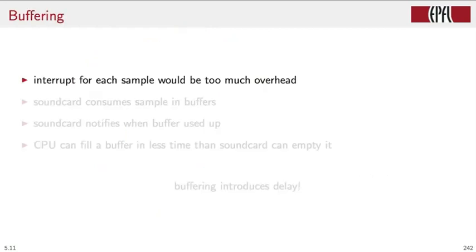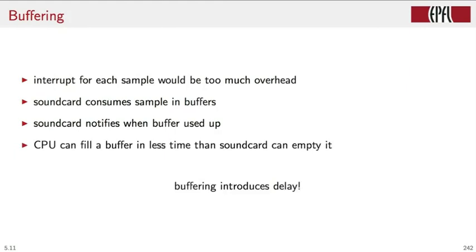Now, if we were to interrupt the CPU every time we need a new sample, there would be too much overhead. So the idea is that the sound card will consume a chunk of samples already in memory, called a buffer. The sound card will notify when the buffer is completely used up, and the CPU will fill a new buffer for the sound card to use.